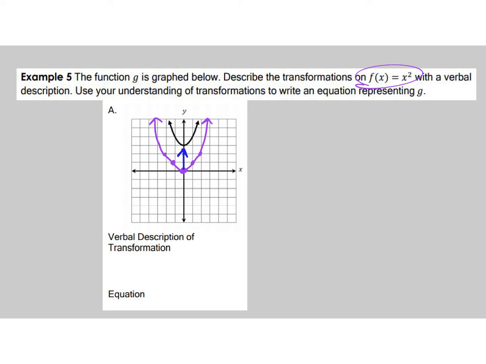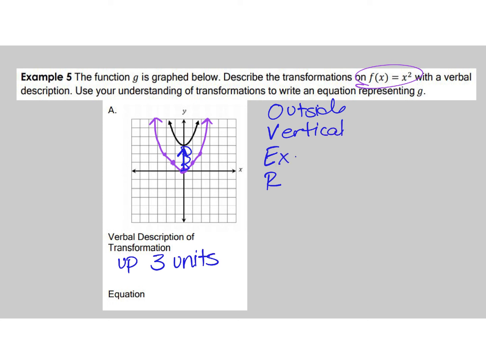So we would say up, and it looks like we're going 1, 2, 3 units. If we're talking about vertical, we're talking about moving this function up and down, and it's outside the parentheses, because remember we have the IHOD over. It's exactly what we think, and it's the range.